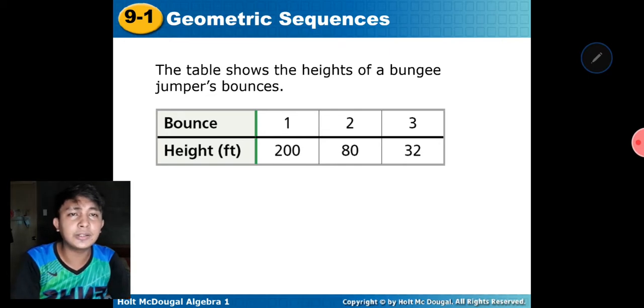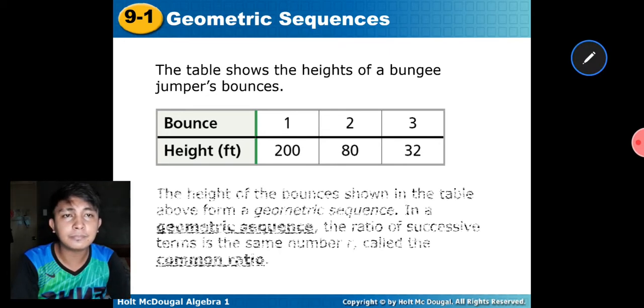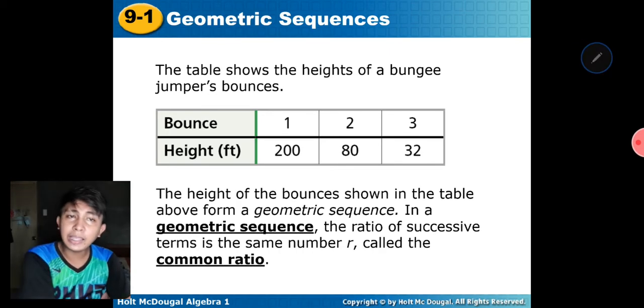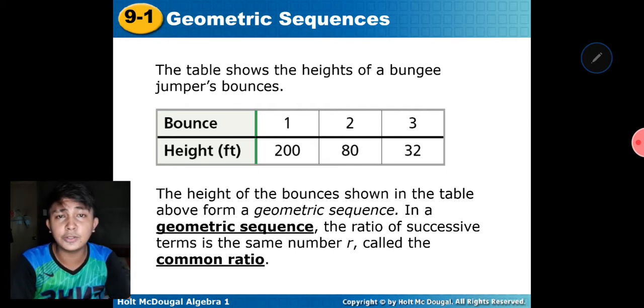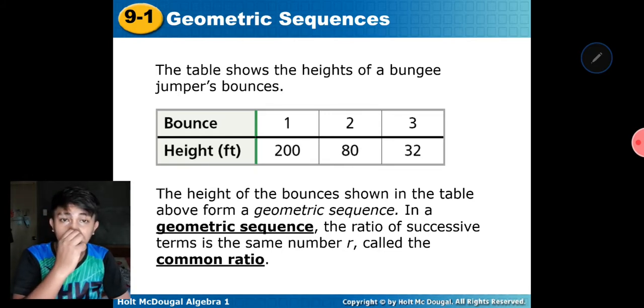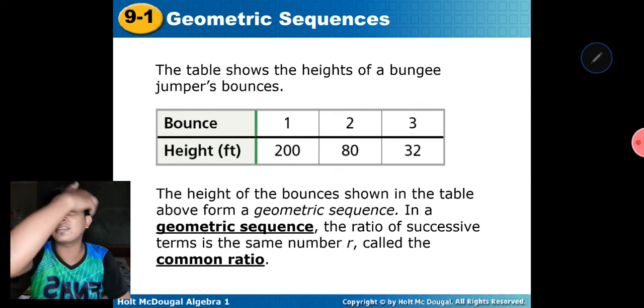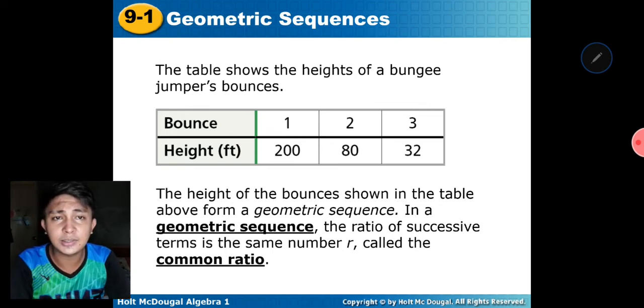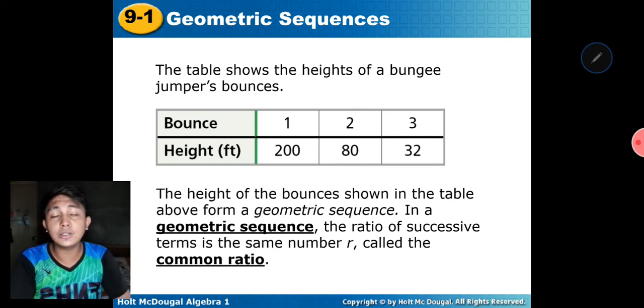So we have there the table. The heights of the bounces shown in the table above form a geometric sequence. In a geometric sequence, the ratio of successive terms is the same number r, called the common ratio.